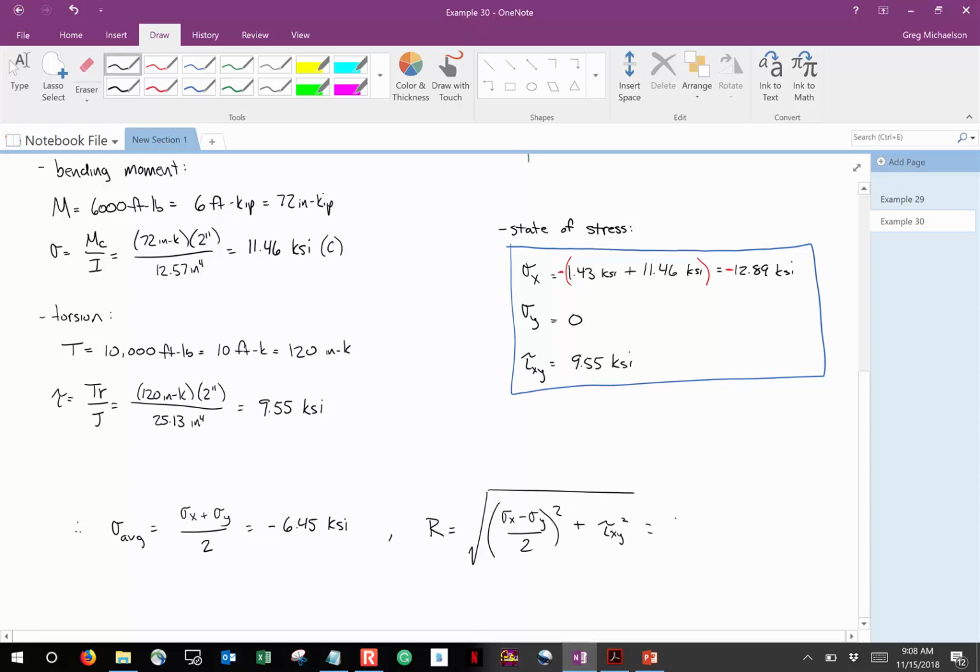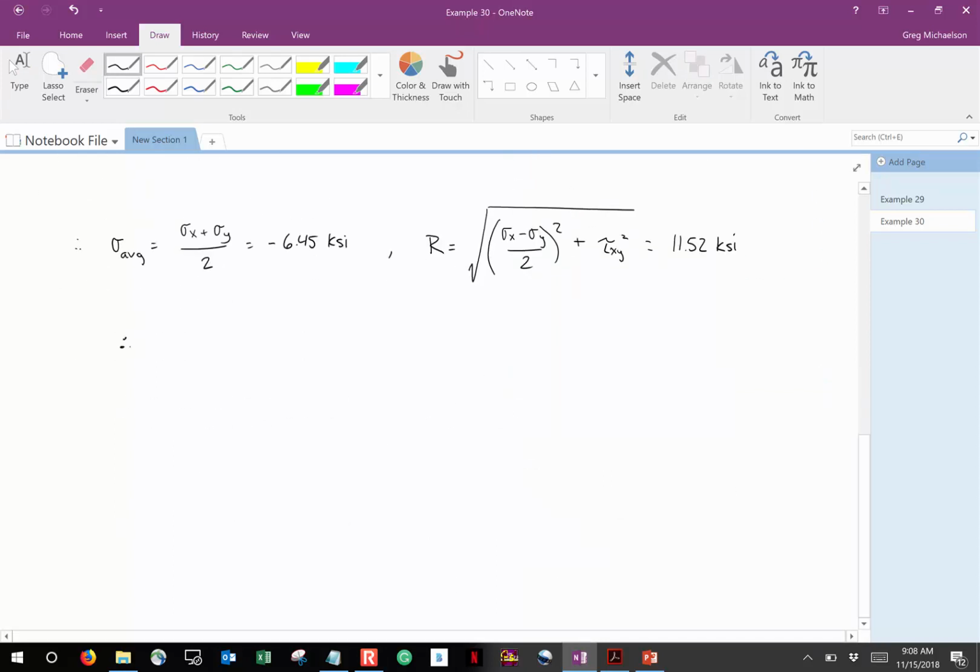So therefore, sigma 1 is sigma average plus R, sigma 2 is sigma average minus R, and tau max equals R. So that one's easy. That's 11.52 ksi.